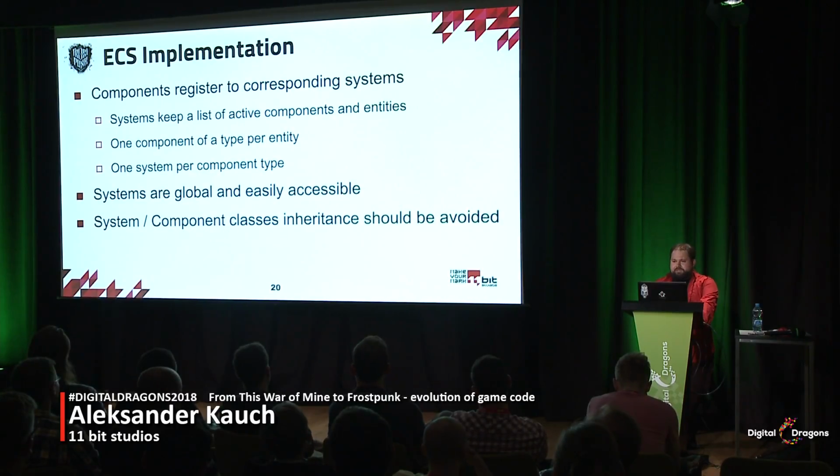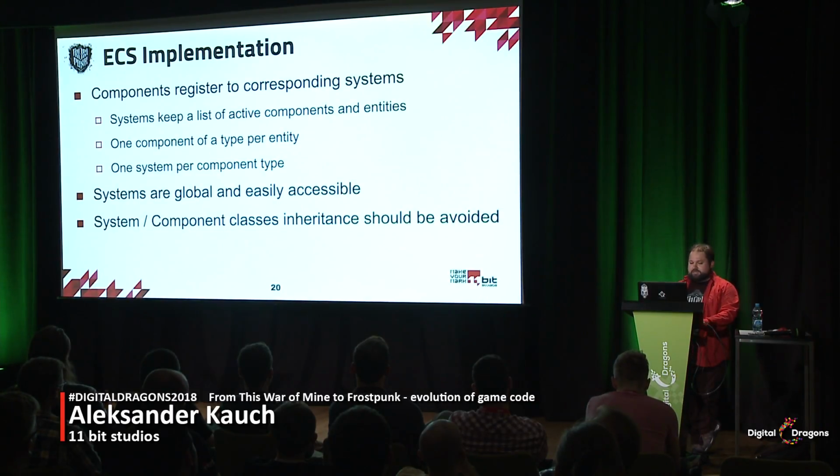In our implementation, we could use only one component of a type per entity, so no duplicated components. And one system per one component type. We didn't have any systems that worked on more than one component type. Systems should be global and easily accessible. In our case, we had just simple pointers to the global systems.